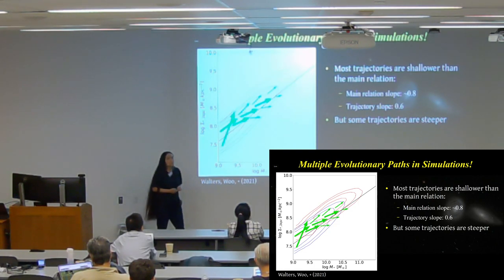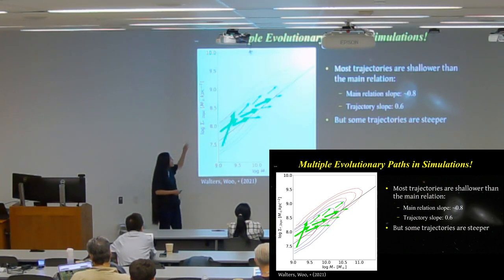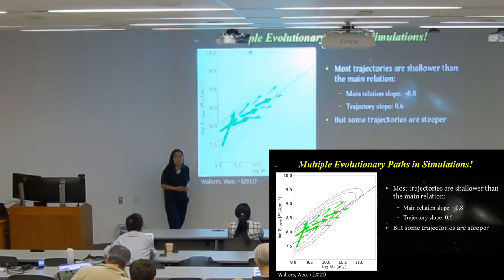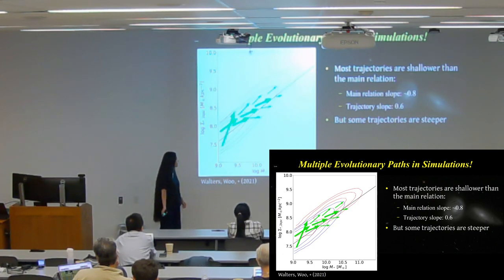Shallower slopes means they're building their mass on the outsides rather than their insides. So galaxies that have low core densities evolve on shallower slopes, and that makes sense. They're not building their core densities, and they have less dense cores. So what then determines whether you have a steep trajectory in this plot or a shallow trajectory?